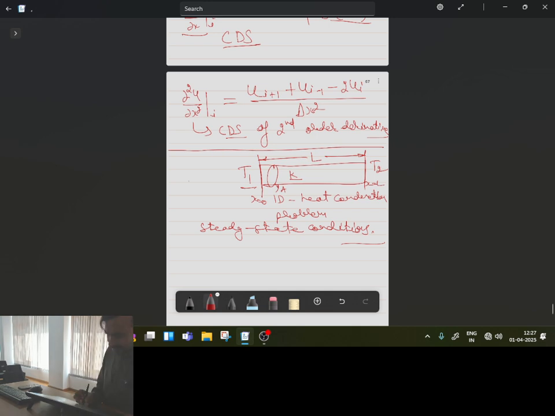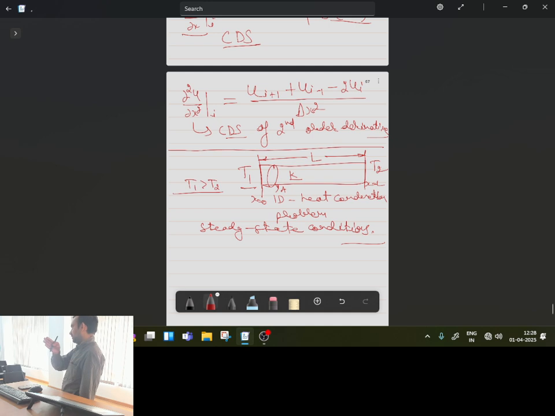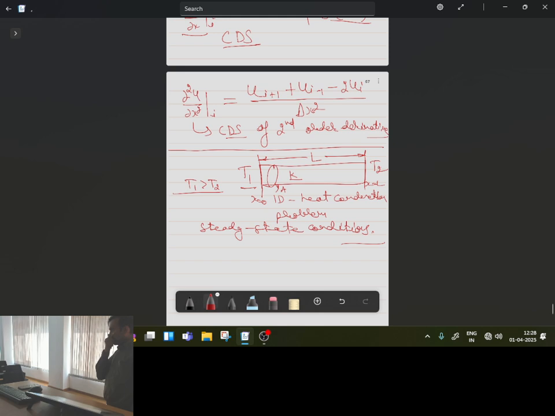Also let us consider that T1 is greater than T2. So ultimately what will happen? The heat will transfer from one side to the other, and because of this heat transfer there will be some gradient of temperature. Ultimately we need to find the temperature variation at different points along the length of the rod. So that is our question.